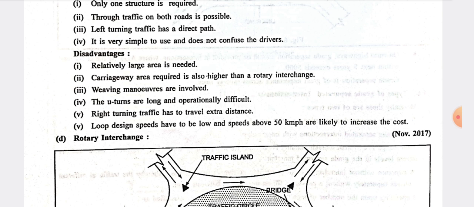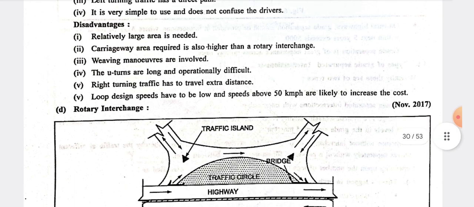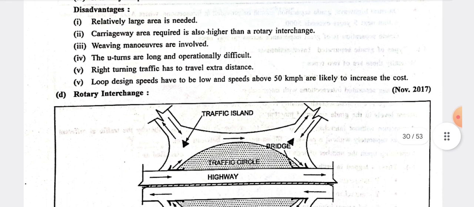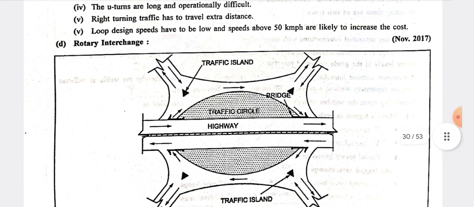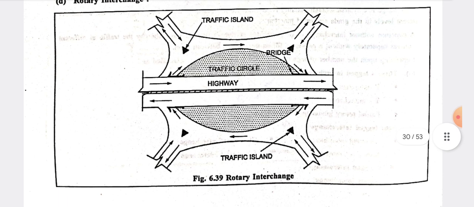Third one is weaving maneuvers are involved, and fourth one is that U-turns are long and operationally difficult. Fifth one is right-turning traffic has to travel extra distance, and last one is loop design speed has to be low, and speeds above 50 km per hour are likely to increase the cost.